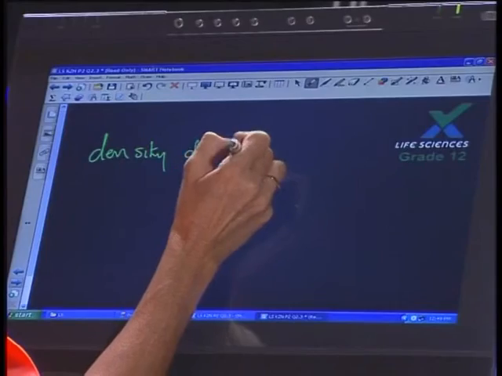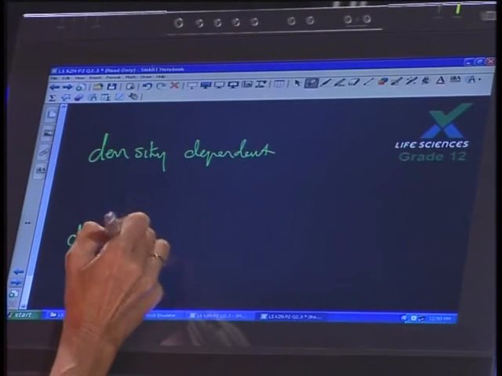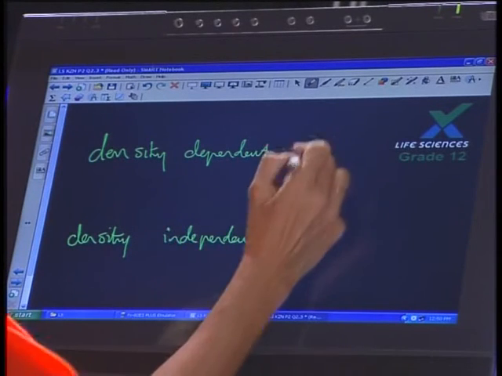And let me just see if there are any more questions there. No, there aren't. But let me just go through this, because it's something learners battle with. You have density-dependent and density-independent factors.